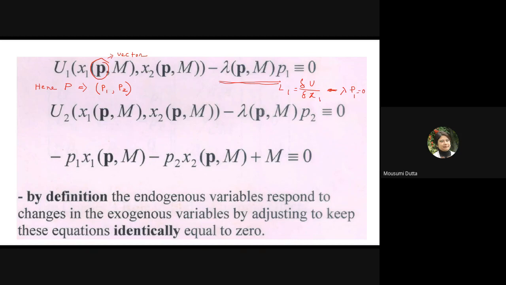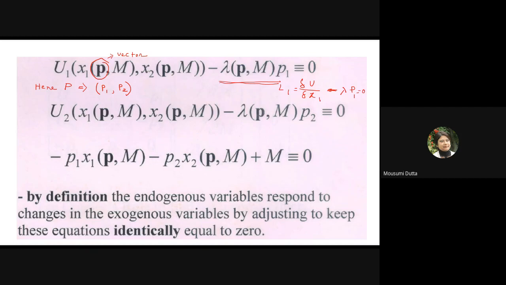And coming to the third equation, when we take the derivative with respect to lambda, we get back the constant term. So we are getting m minus p1 x1 minus p2 x2. This equation, m is equal to p1 x1 plus p2 x2, that equation we are getting back. So that equation I have written.